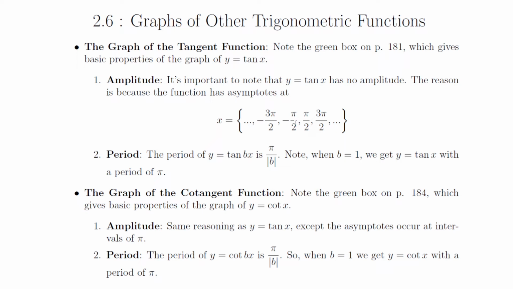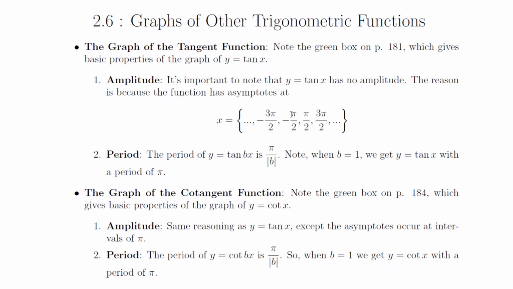Now the problem with tangent is that it doesn't actually have a max height. There's a vertical asymptote, which means, if you remember from college algebra, there's a point where the function will essentially go all the way up to infinity, and it will also come out of negative infinity.